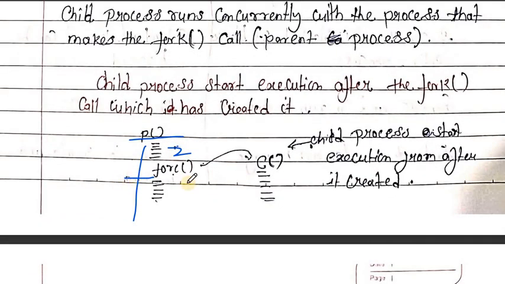In the fork function, it creates another copy of that code and executes it from where it was called. So after the fork, the new section is called the child process, and the original is the main process.